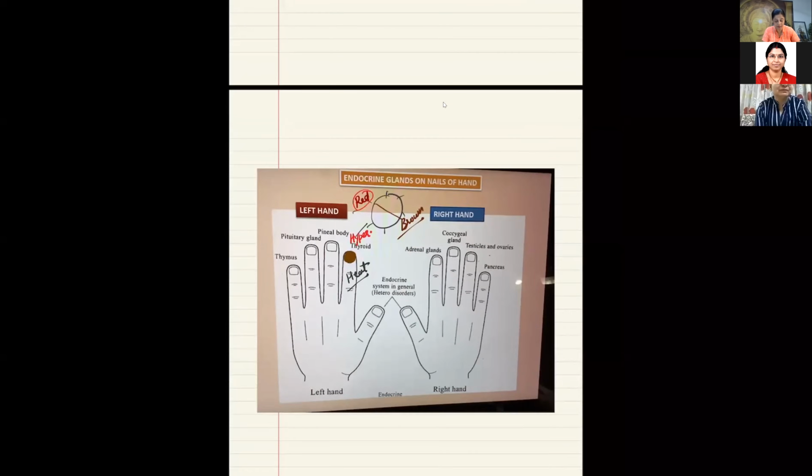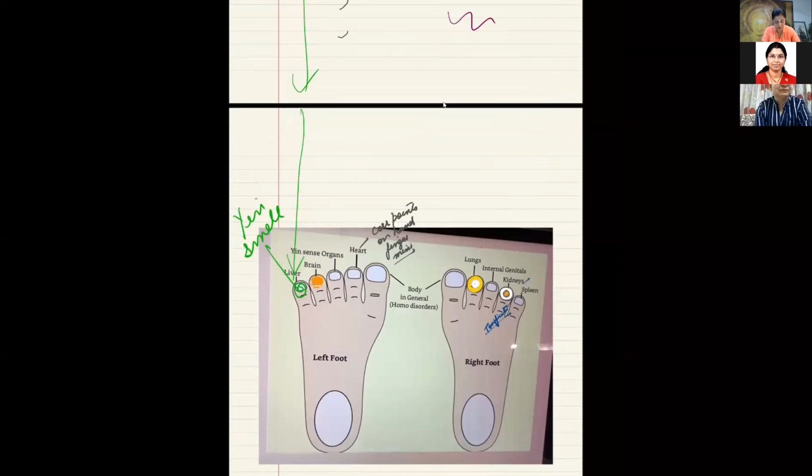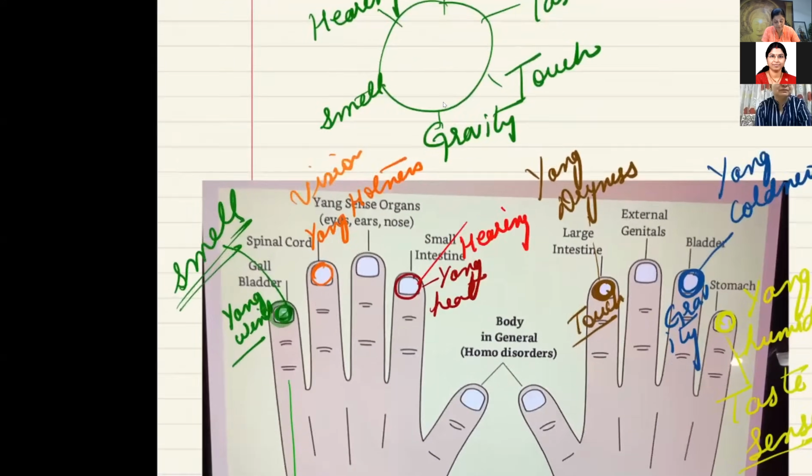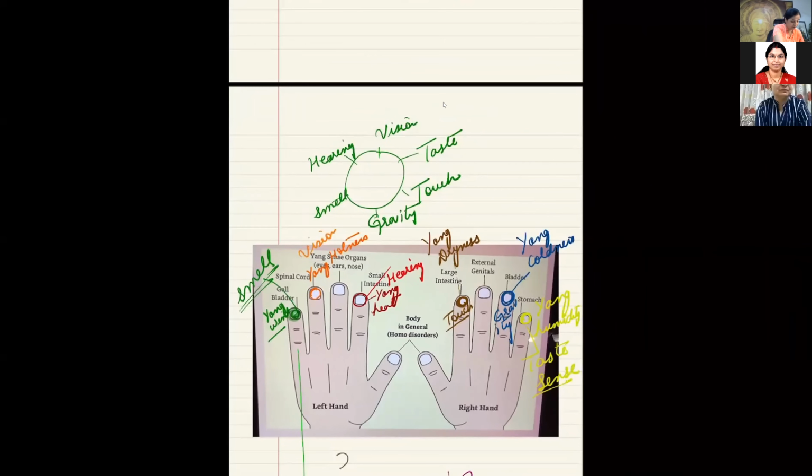So here are these organs. And also I told you about the next simple information. Quickly, I will add, just a moment.